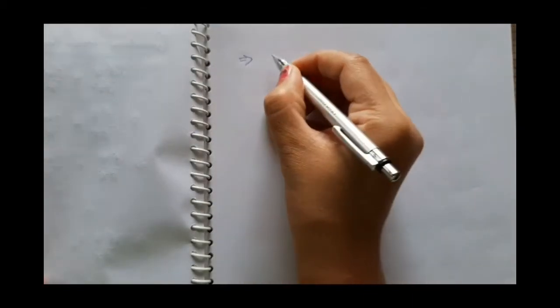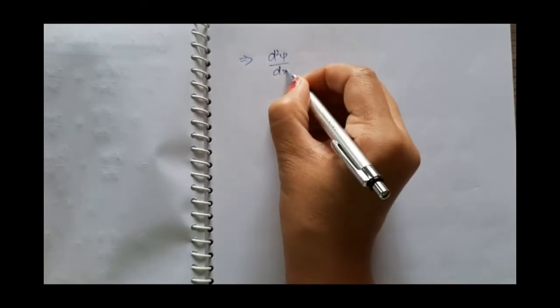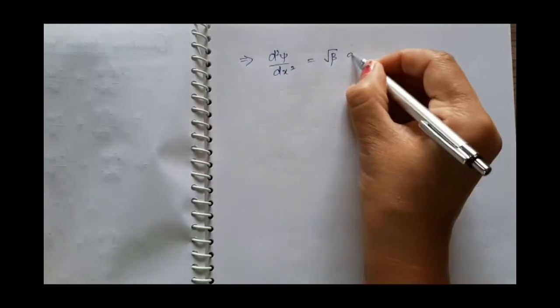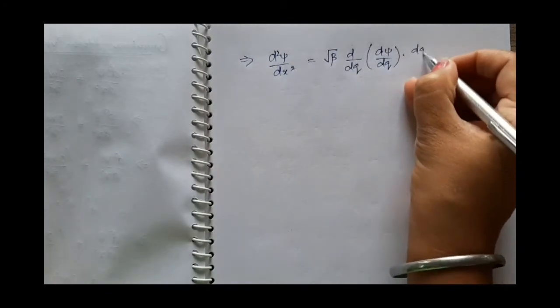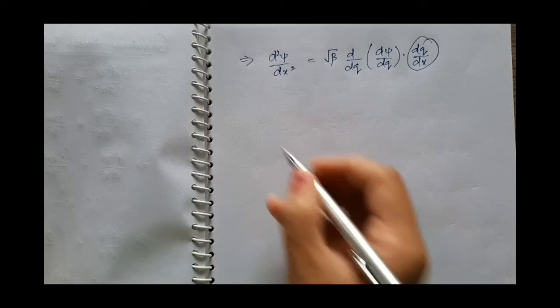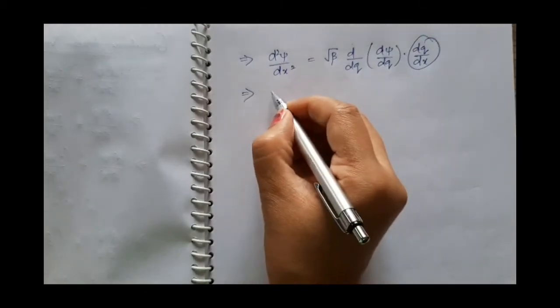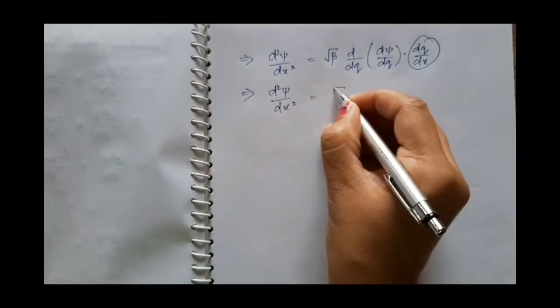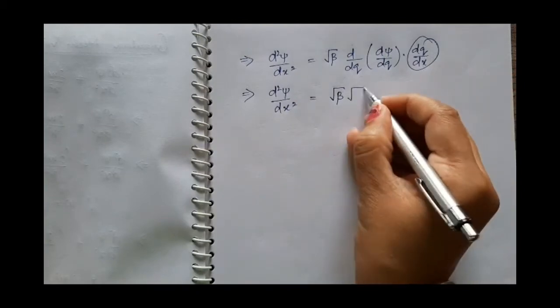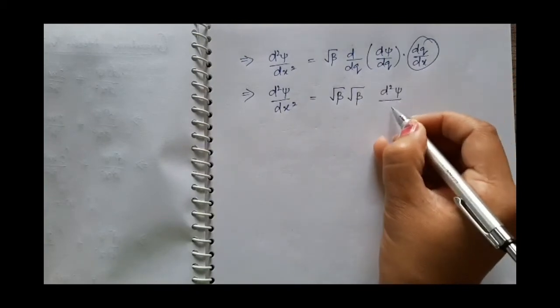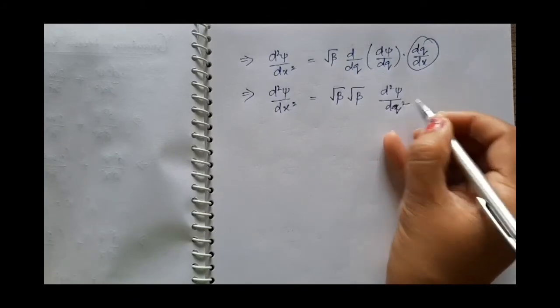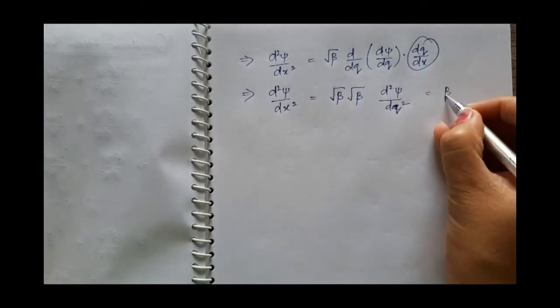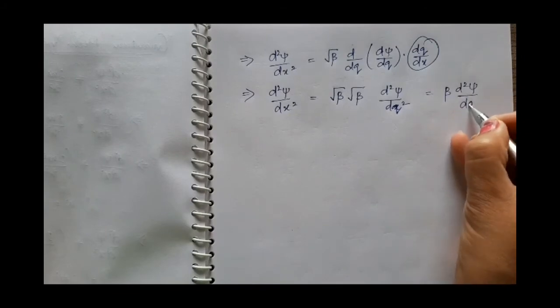So d square psi by dx square is root beta d by dq of d psi by dq into dq by dx. Now put the value of dq by dx, that is root beta. So d square psi by dx square is equal to root beta, again root beta, d square psi by dq square. This root beta and root beta will be beta, d square psi by dq square.